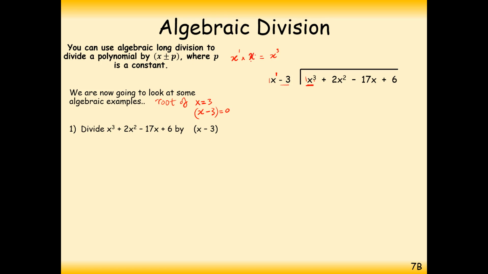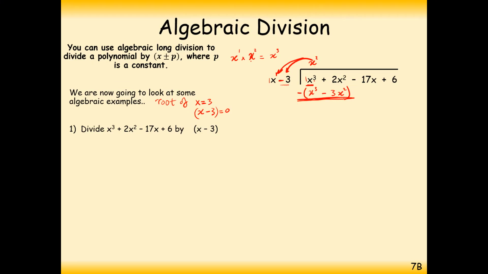Obviously, this has to be an x squared. So I write x squared here, and I multiply it out by each term. X squared by x to the power 1 is x cubed, but I do have to perform full multiplication. So I do have to multiply the minus 3 by x squared as well. So I write minus 3x squared here, and the tricky part is to be careful and put a bracket around it when you put the minus sign here.